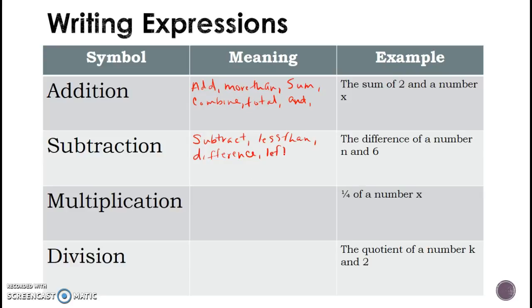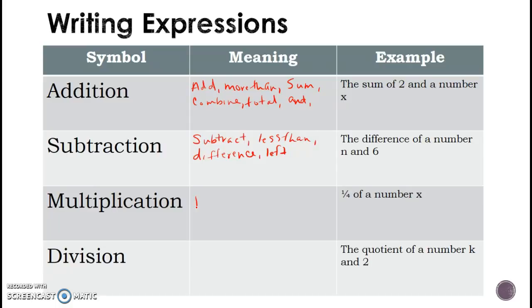So maybe the question asks, how many are left? Or how many more? So that could be, we have the more than, but the left for subtraction. Right now, that's all I can think of off the top of my head.